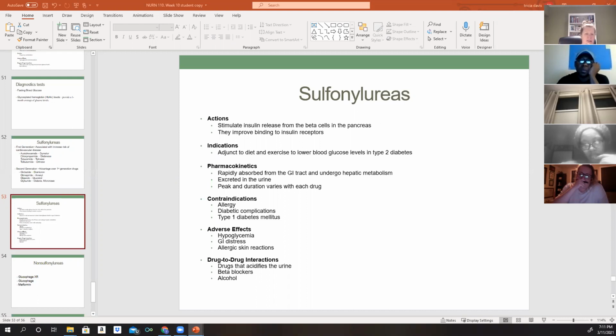They're all very different. So you wouldn't want to use these if you had an allergy to any of the combinations of these medications, if you've had diabetic complications, and if you have type 1 diabetes. The only thing that type 1 diabetics can use is insulin. So adverse effects, well, we could cause hypoglycemia, right?